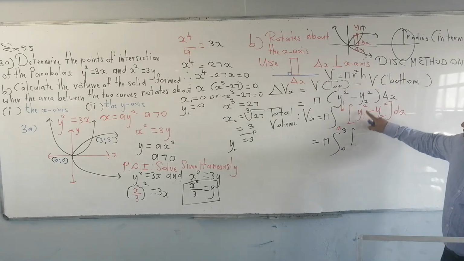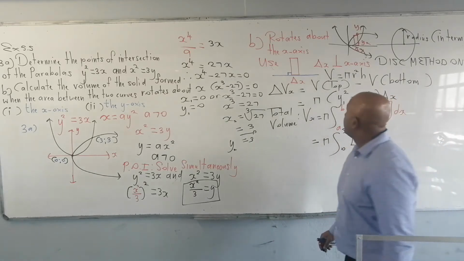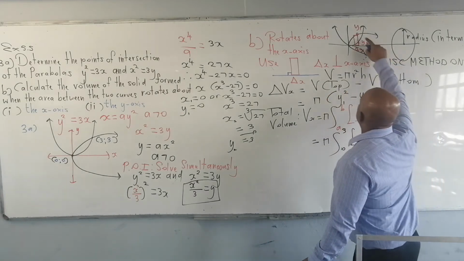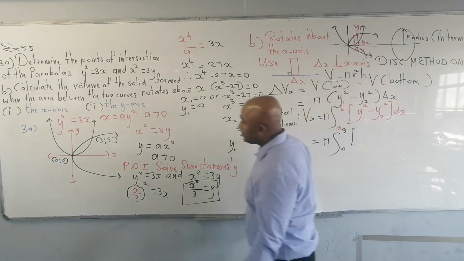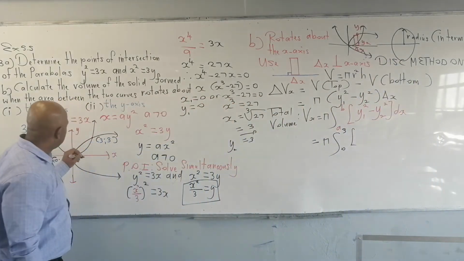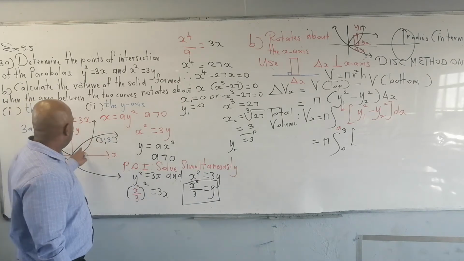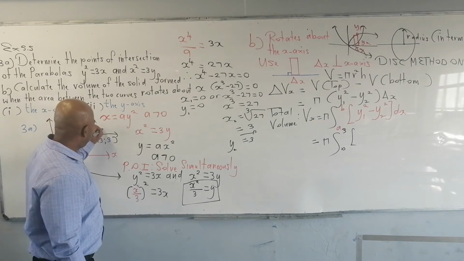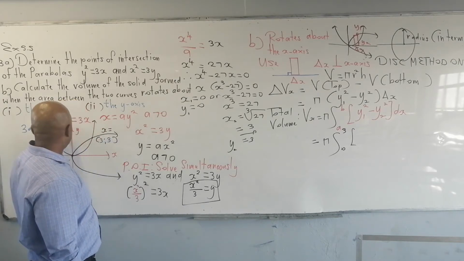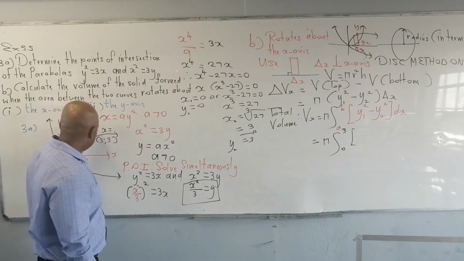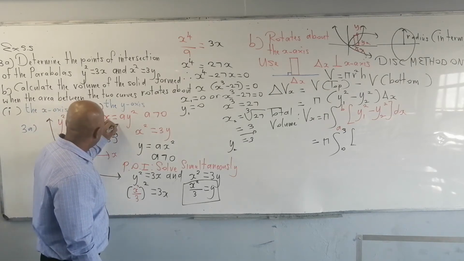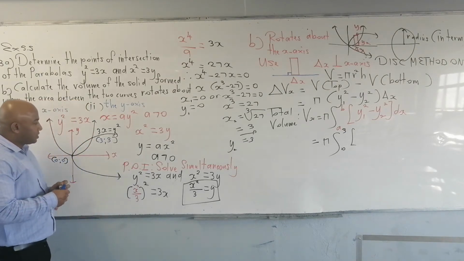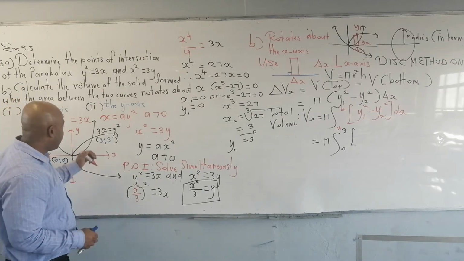Now y1 squared. Let's go back to our diagram. So there's your y1, there's your y2. There's your graph here. This graph is, sorry, y squared is equal to 3x. That is your top graph.